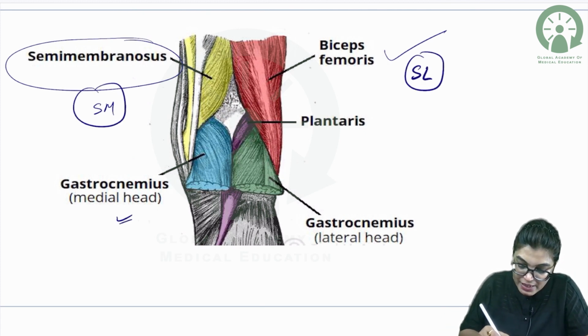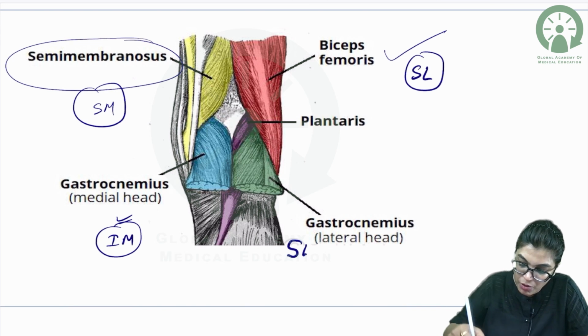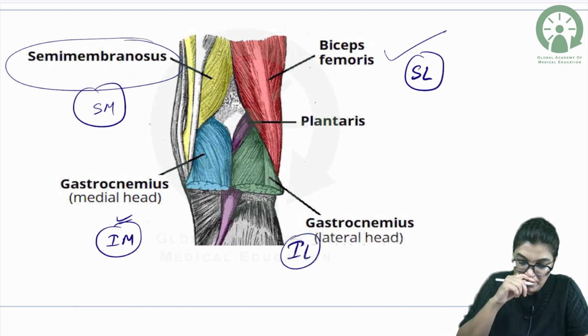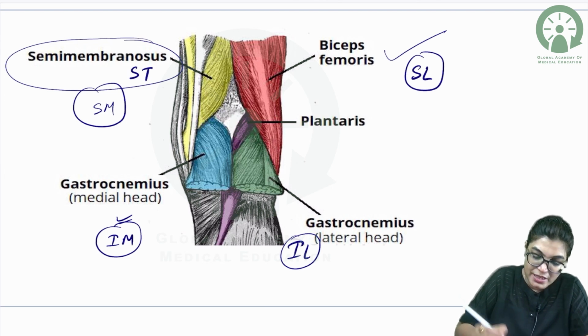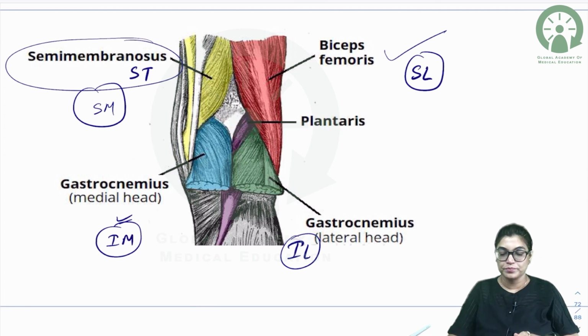Gastrocnemius medial head is forming the inferomedial boundary, and gastrocnemius lateral head is forming the inferolateral boundary. Along with semimembranosus, we also have the semitendinosus muscle tendon, which is forming the supromedial boundary.